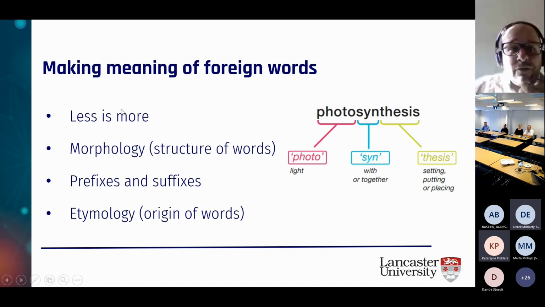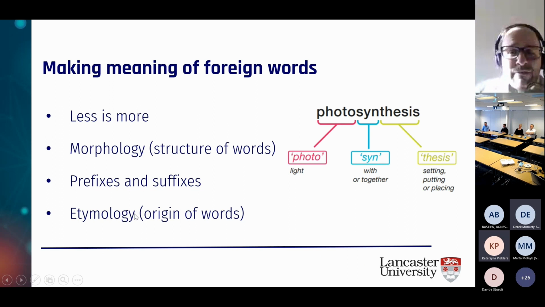Now, if we're trying to make a lot of complications about explaining a concept, it's a lot easier to go to the root of the words, to their structure, and to their origin. So structure, morphology, and the origin, the etymology.